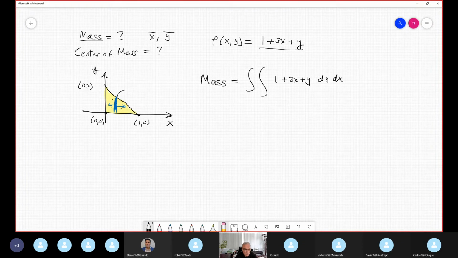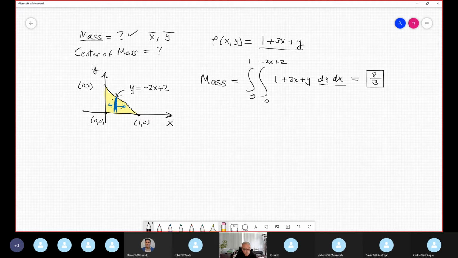And the equation is y equals minus 2x plus 2. When you integrate, you go in y first, from 0 to this y, which is minus 2x plus 2. And in dx, go from 0 to 1. And we compute the mass. I did that, the answer is 3 over 3. I finish my first part.